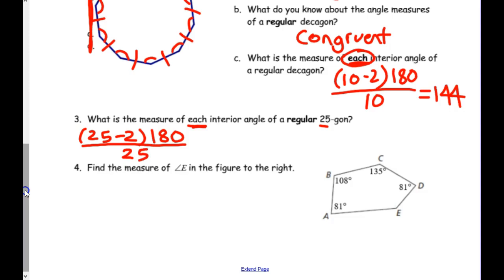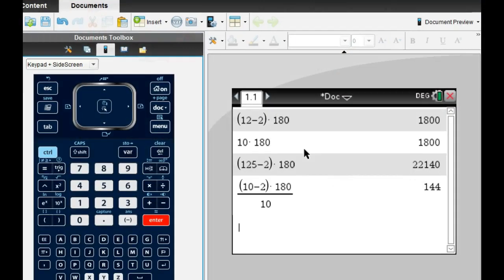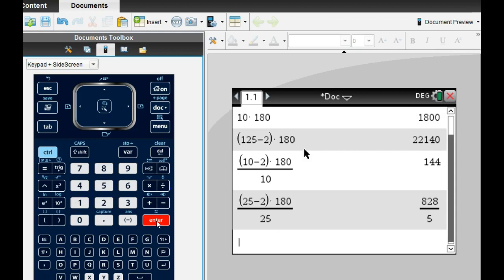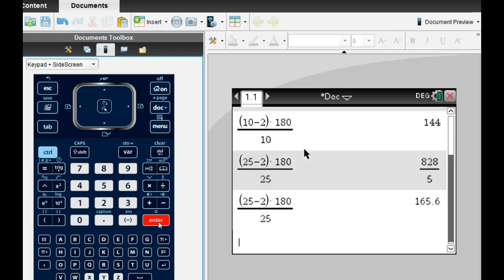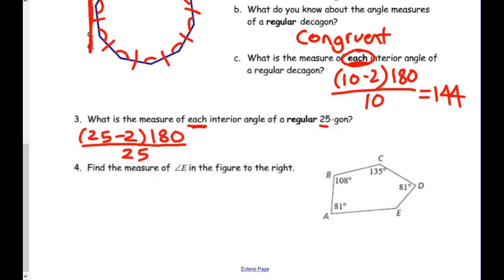Okay. 25 minus 2 times 180, and then divided by 25. Now, if you get something like this, press Control Enter, 165.6. Because we do need a decimal for angle degrees.